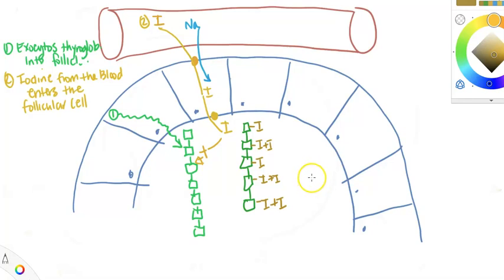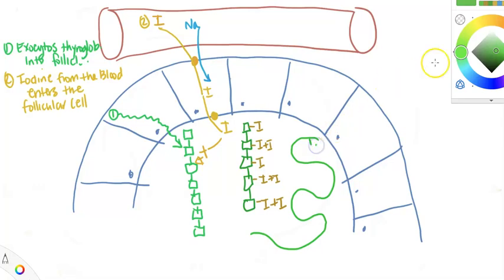Once the iodine is linked to the thyroglobulin, basically the thyroglobulin then kind of folds up on itself. Get a better green here. Okay, so it starts to fold up. And as it does that, the iodines sort of link together. So if you have a one here, let me change my color there, and a two here, that will link.